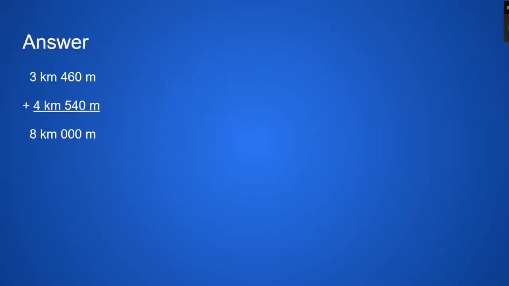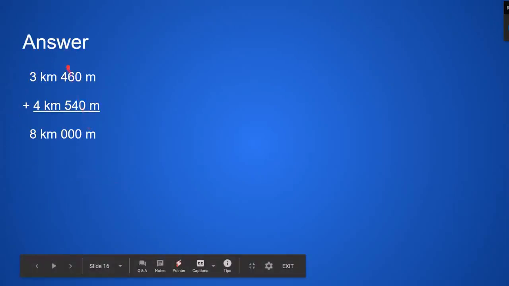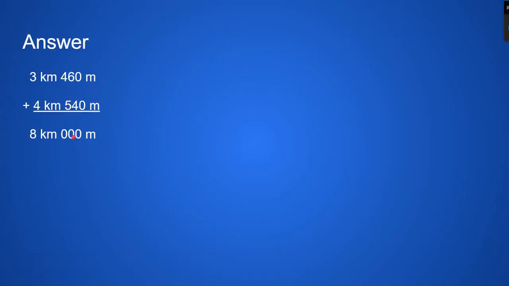Boom. Okay, so 3 kilometers, 460 meters. 4 kilometers, 540 meters. Plus them together. You got 0, 0 equals 0. 6, 4, that's equal to 10. And since you can't put a 10 in the 1's column, in the 10's column, you have to move it over there.